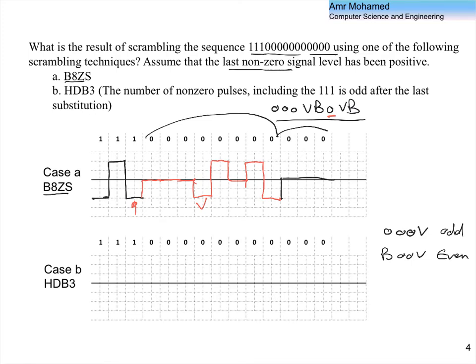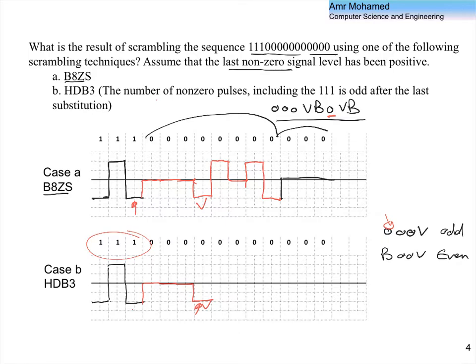So again, it's negative 1, then 1, then negative 1, so that's the same. And then we do the scrambling. Here the number of non-zero pulses, including the triple ones, the total number is odd, which means that we take this substitution. So it becomes 0 0 0 and then V. Right? This is V.